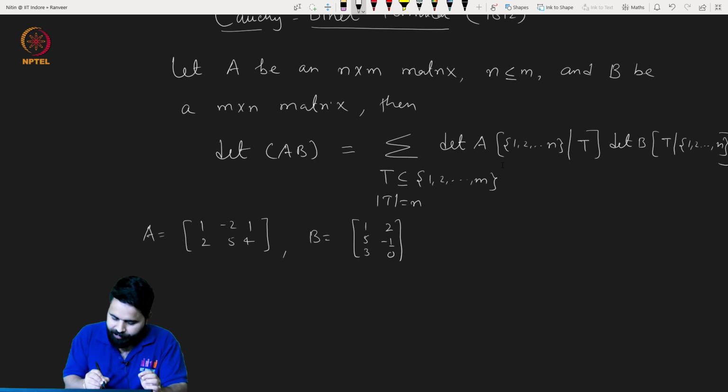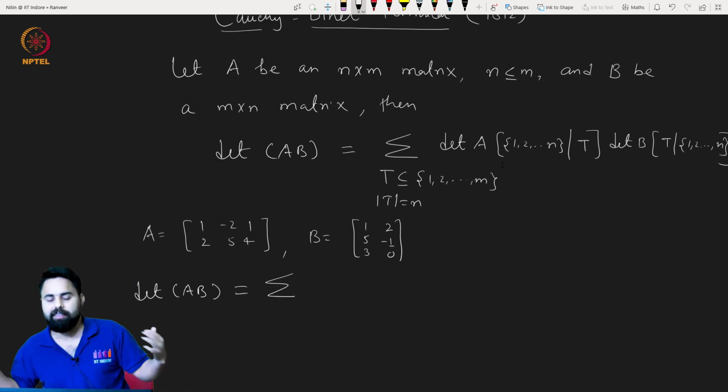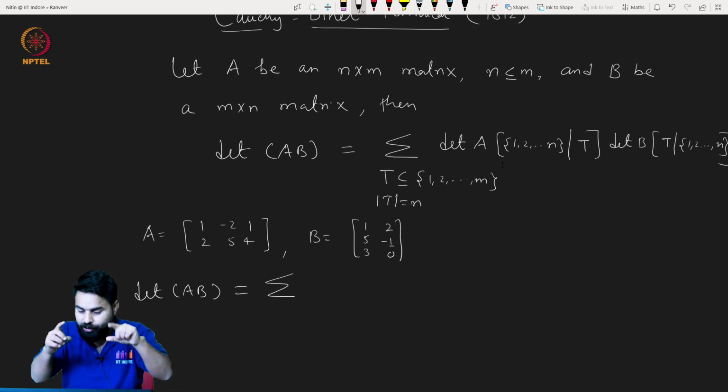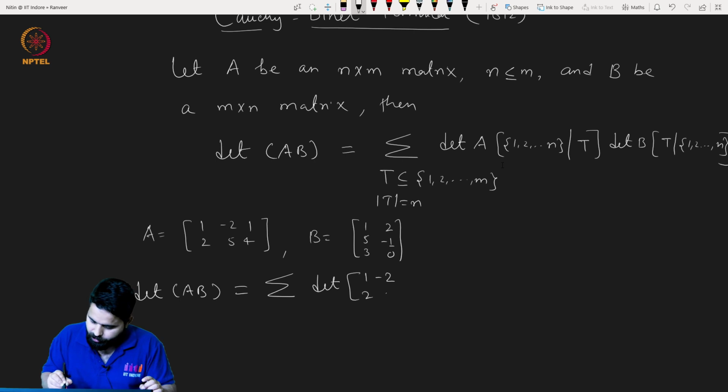You just verify that it is a summation over all subsets of 1, 2, 3. Now you have to take subsets of size 2, because here n equals 2. So the first term is the determinant of the matrix 1, minus 2, 2, 5.